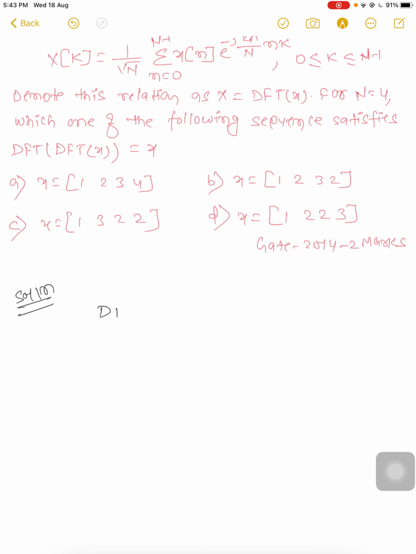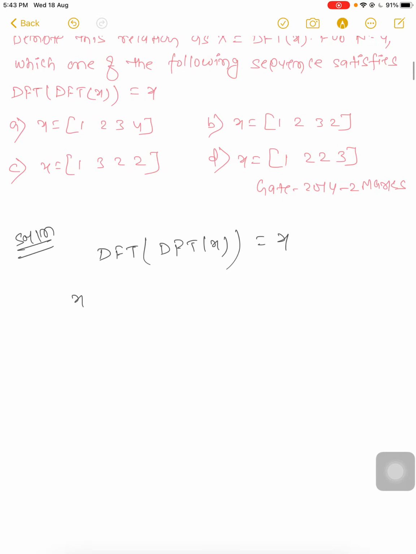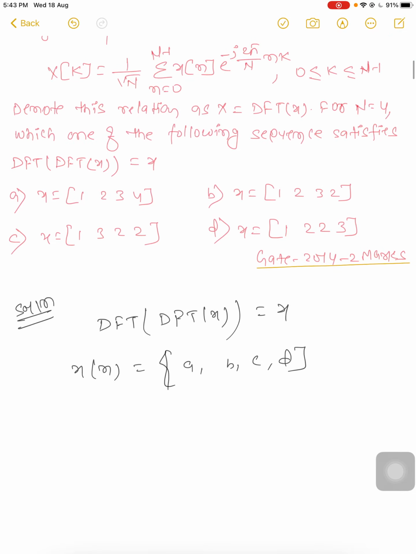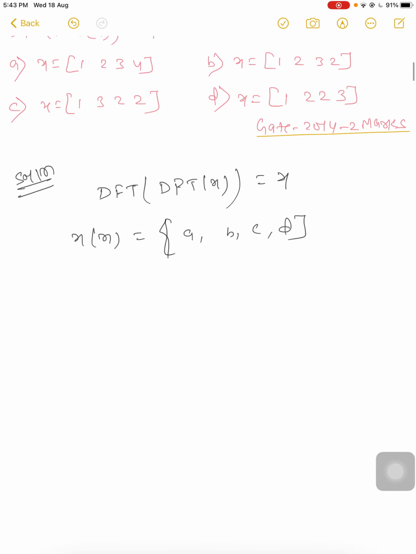Solution. Here we have to check which one will be satisfied. DFT of X will be x, which means whatever your signal x(n) is, first you take the DFT, and after that you take the DFT again, then you will get the same signal itself.